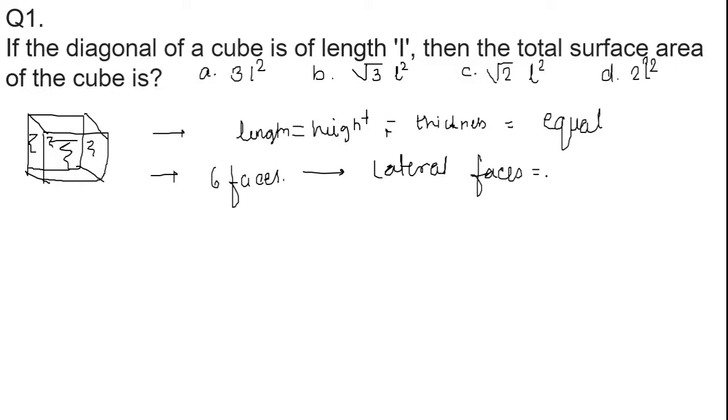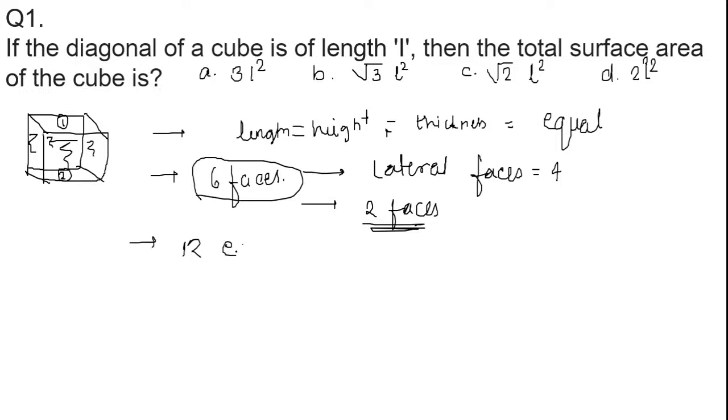There are 4 lateral faces, and if we count the upper and lower face, that is the top and the bottom face, these are the 2 remaining faces. Hence 4 plus 2 gives us a total of 6 faces of the cube. In this cube there are 12 edges. What are edges? Basically edges are these lines.